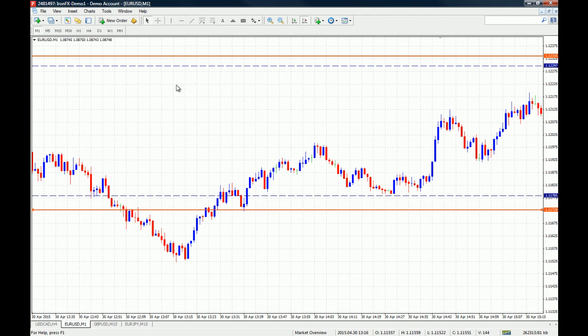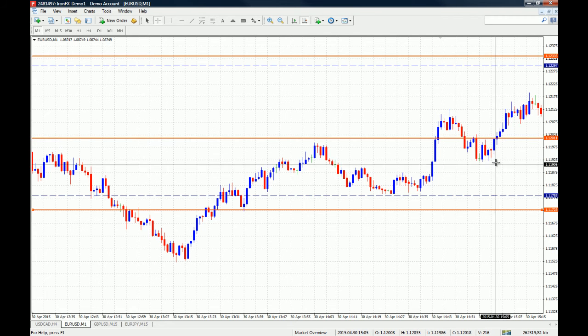The stop loss for the pending order on the sell side is going to be right here above this high, because if we get filled and price comes back, tests this high as resistance and then comes back down, we're okay. But if we break to the upside, the short idea is invalidated and we need to get out.